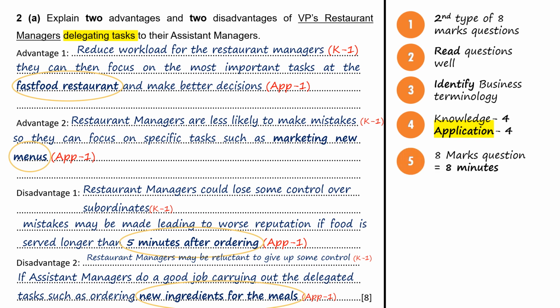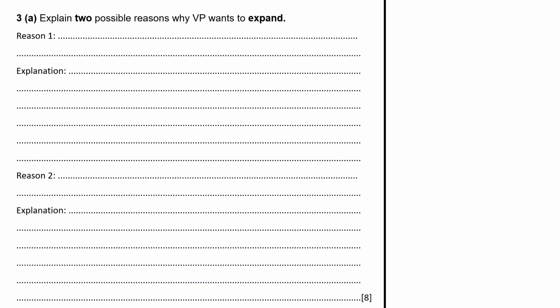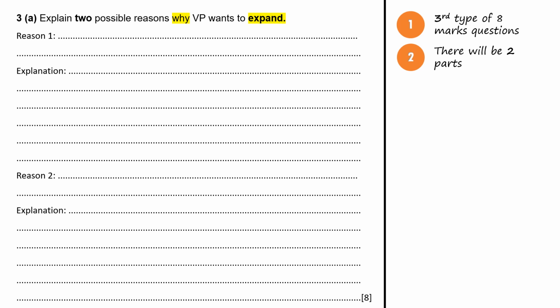Again, an 8 marks question is equivalent to 8 minutes. So let's move on to the third type of 8 marks questions. So we will have 2 parts here. And the question is as follows.